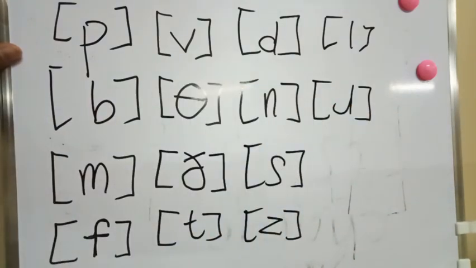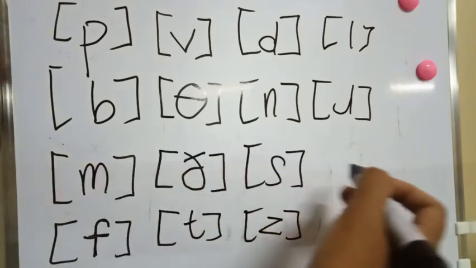In Waray, we have a trill in our R, as in Waray, karagatan. In English, seldom do we hear a trilled r, but it's really here in our language that we hear the trilled r.